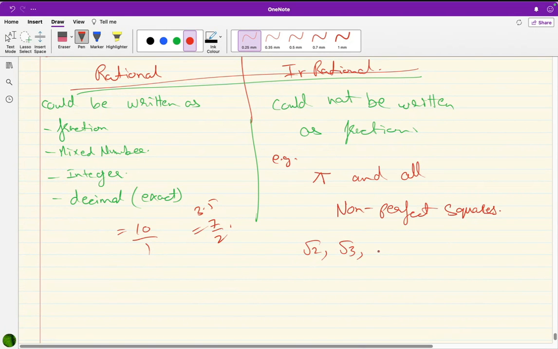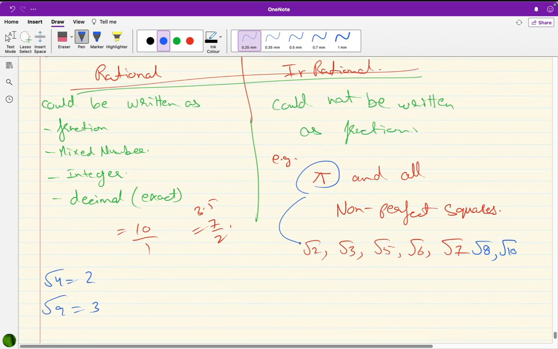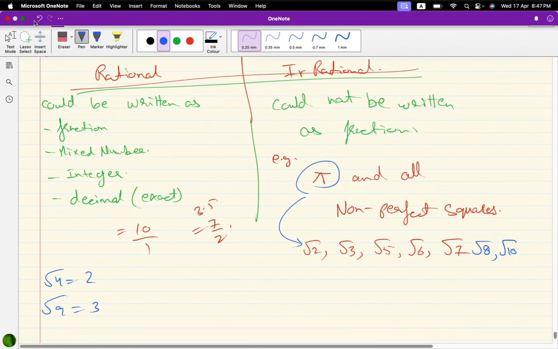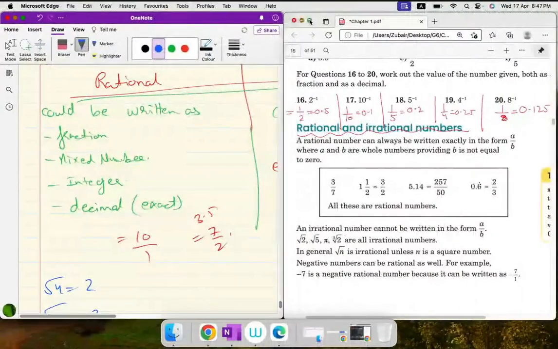I'm skipping 4, square root 5, square root 6, square root 7. Because square root 4 is exactly 2. Square root 9 is 3. So square root 8, we skip 9 and we write square root 10. So it is pi, and all non-perfect squares are irrational.